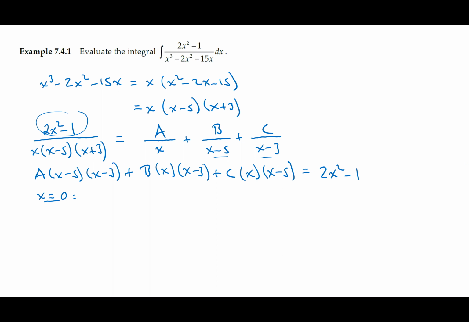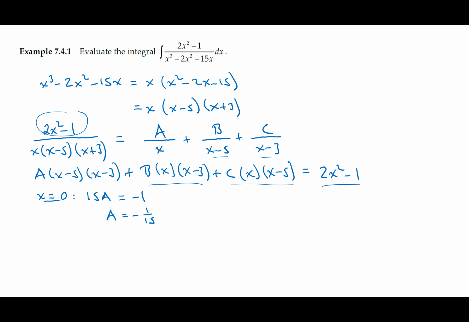Well, if x is 0, then the Bx term is 0, and the Cx term is 0. Leaving me with negative 5 times 3, negative 15A, equals, well, on the right-hand side, 2 times 0 squared is 0 minus 1, negative 1. So I get A is 1/15.